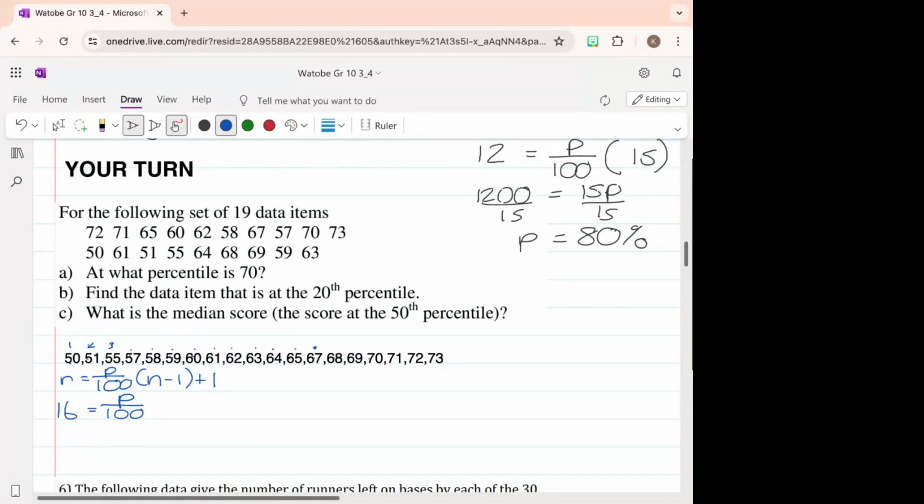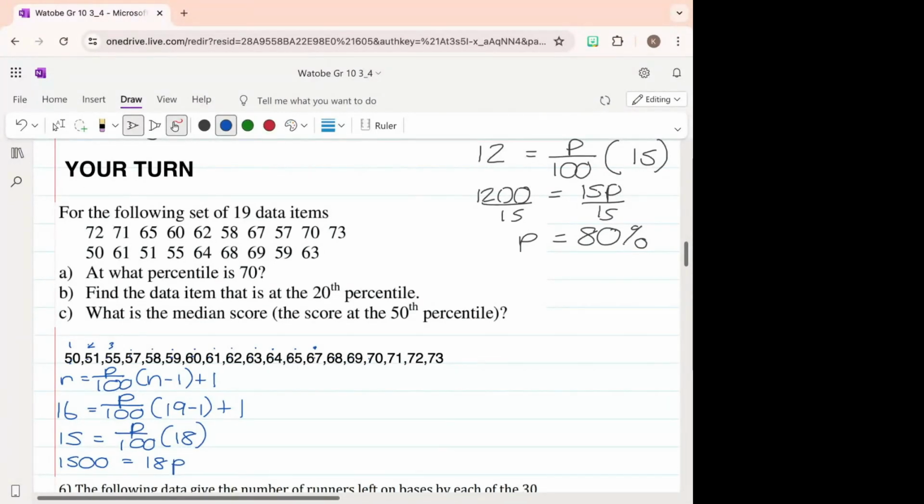We know that there are 19, minus 1, plus 1. So we're going to have 15 equals P over 100 times 18. We get rid of that fraction, and that gives us 1,500 equals 18P.